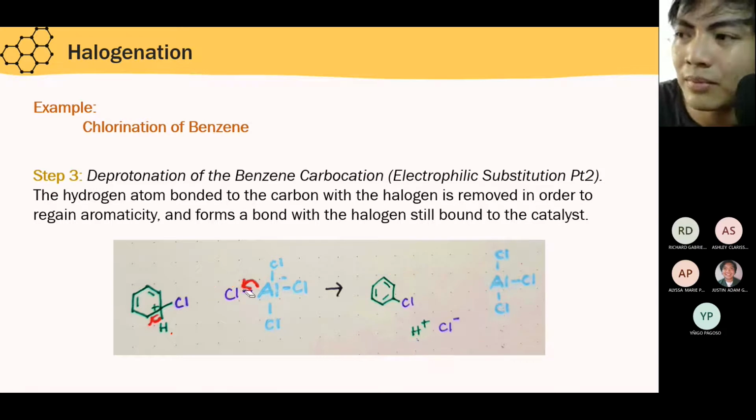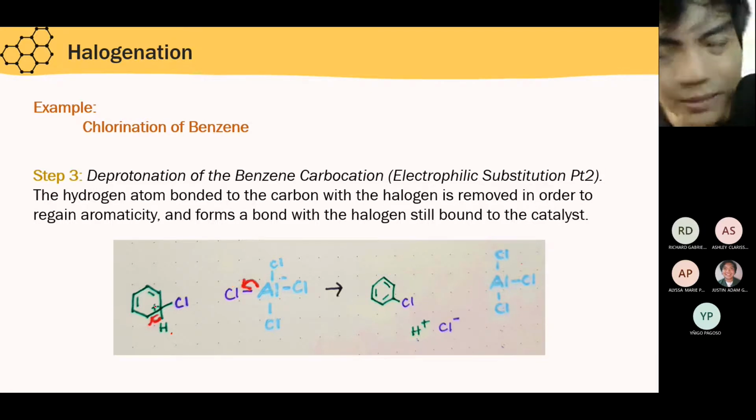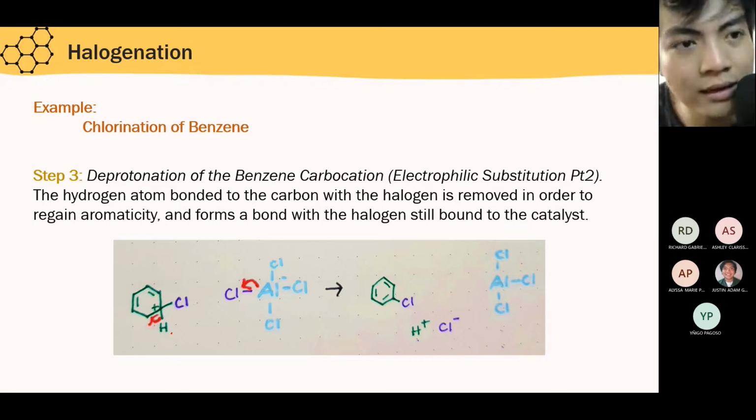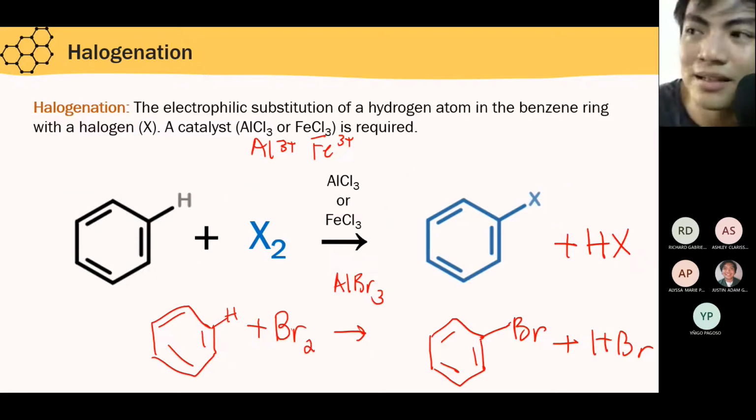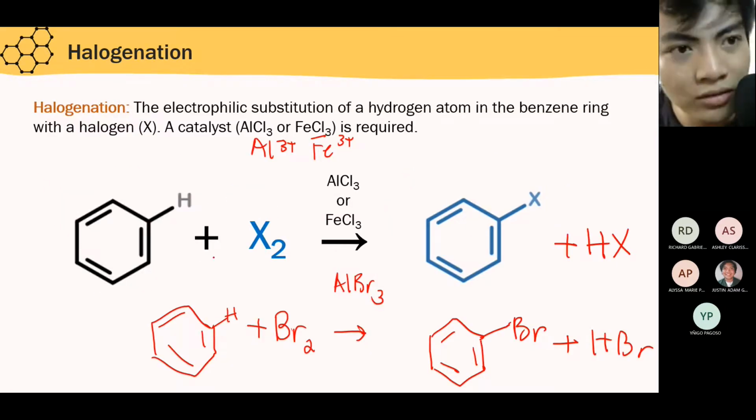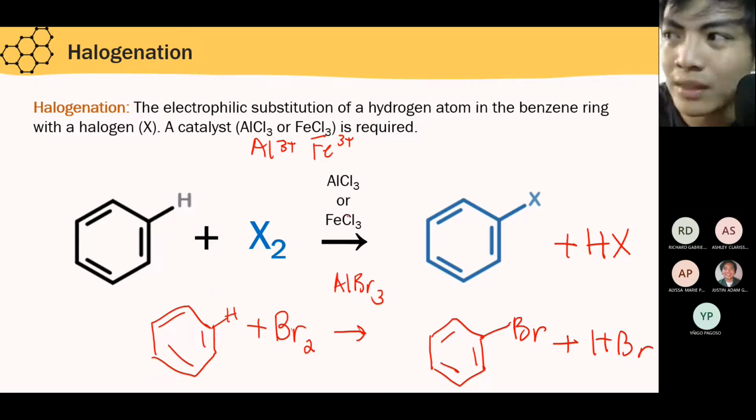Okay? But again, you don't need to remember all this. Ang kailangan lang natin matutunan dito is ito lang. So you have your benzene ring. When you react it with halogen molecule, there should be a catalyst of aluminum and iron only.